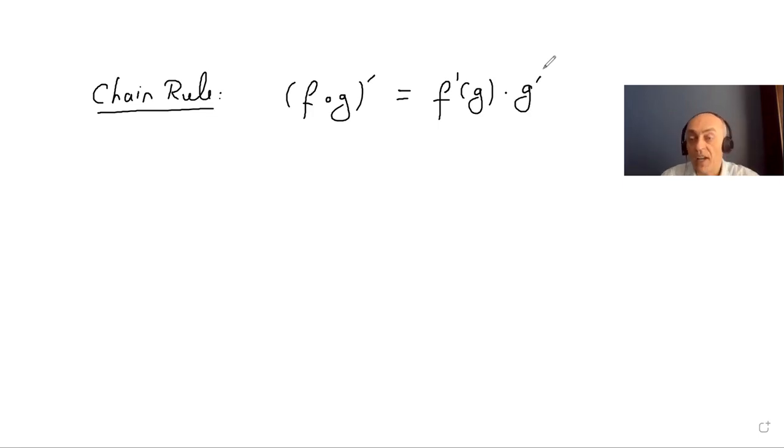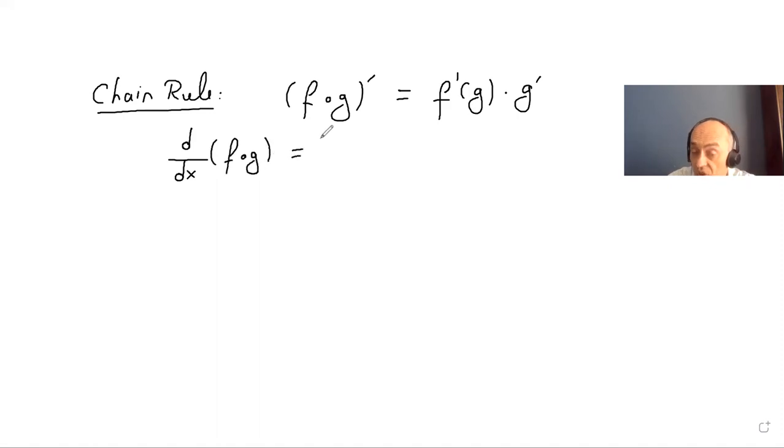But in the book, and I forgot to mention this, and it's important to understand, they use d over dx of f circle g, a composition of two functions, and pay attention here because this is interesting, they say df over dy, because f would be a function of some y, times dg over dx.